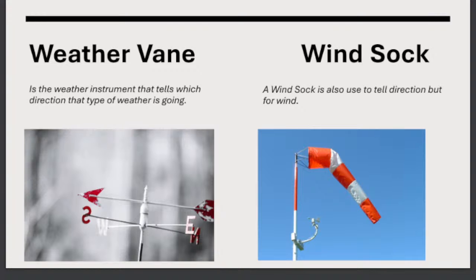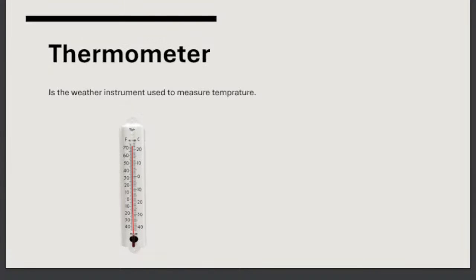A windsock is also used to tell direction, but for the wind. Next is a thermometer. A thermometer is the weather instrument we use to measure temperature. As you can see in the picture, it's showing us the difference of Fahrenheit to Celsius.